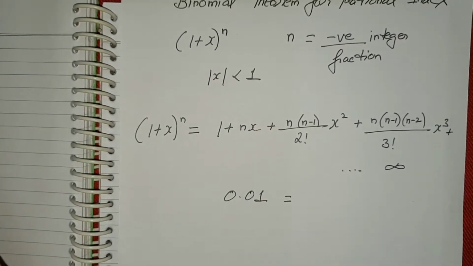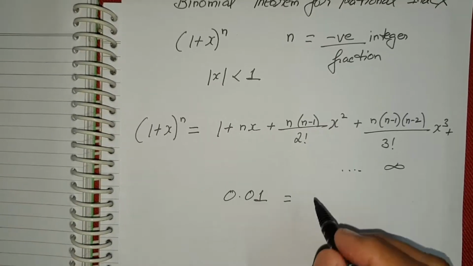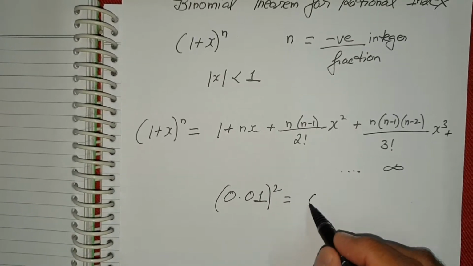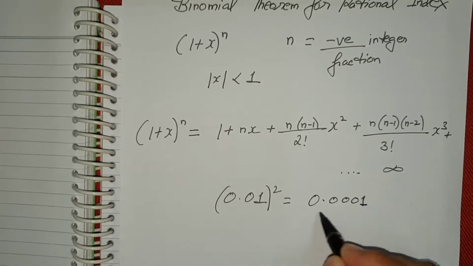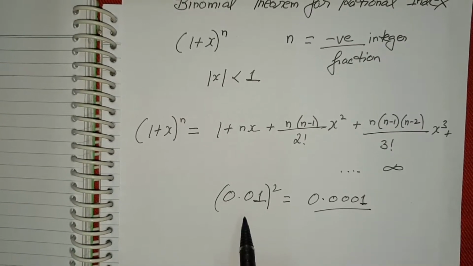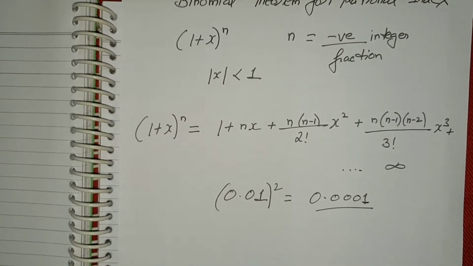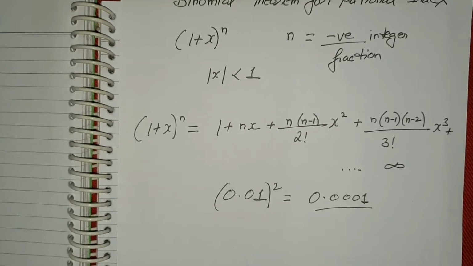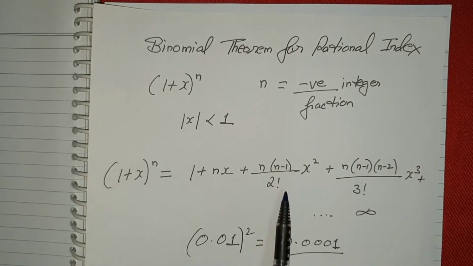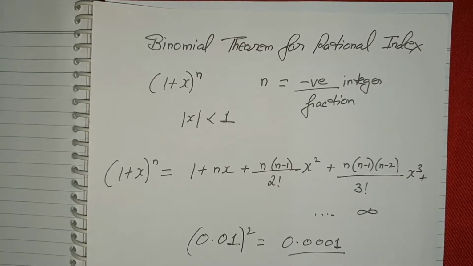If you do the square of it, 0.01 into 0.01, this will give you 0.0001, which is still a small value, and if you do the cube, this will give you a value which can be neglected. So generally in these types of problems you will see we will be neglecting x square and the higher terms.